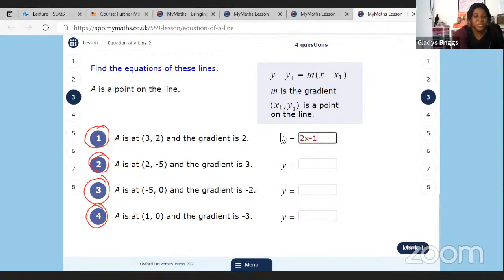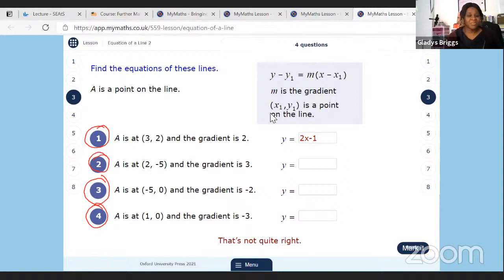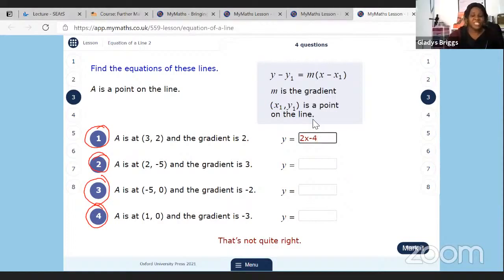Okay, let me check it. Naji, what's your answer? 2x minus 4. Yes. Oh, you got 2x minus 4. Okay, y is equal to 2x minus 4. Let's check. Okay, so now it's correct.